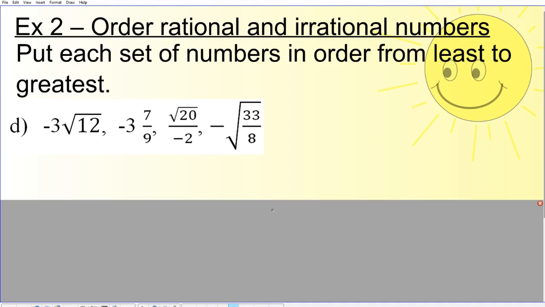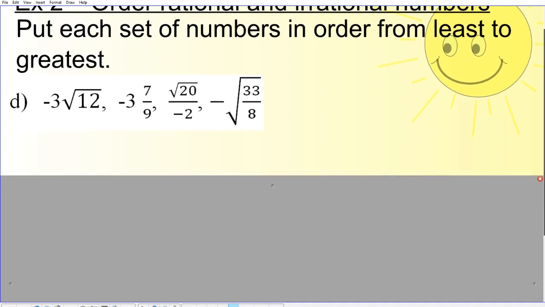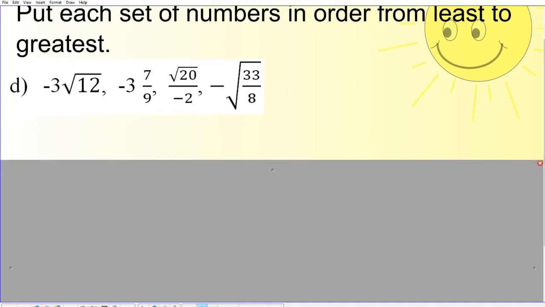Okay, letter D, one more for me. Same dealio. Put them in order from least to greatest. All right, looking here, I don't start out with any decimals, which is kind of a bummer. I liked doing that. But I guess since I really wanted to use my brain here, I know this one starts at a -3 point something, because that's the whole number out front.